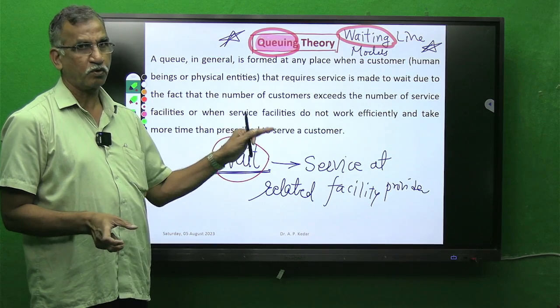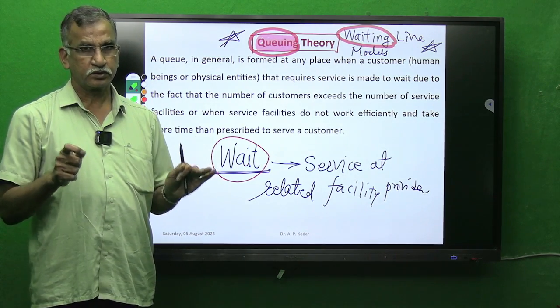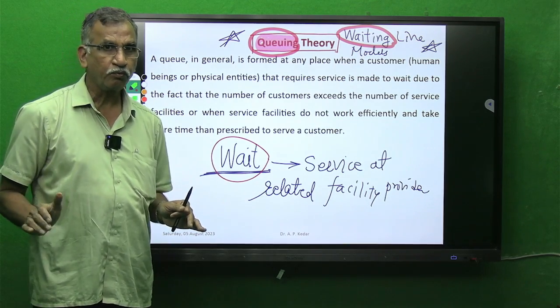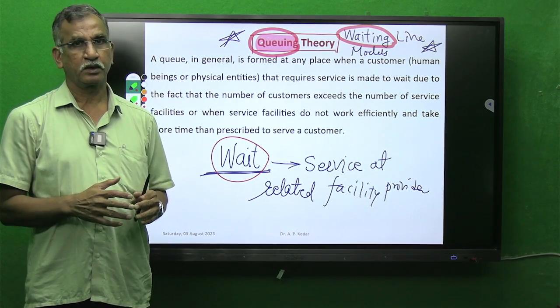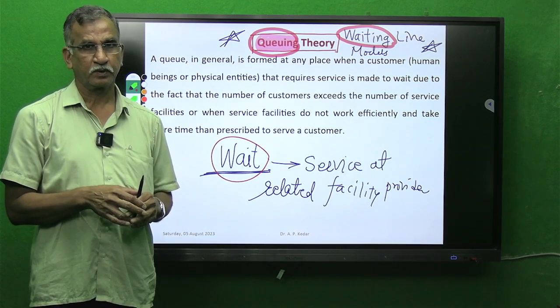Queues are formed, and since queues are formed, long waiting lines are created.